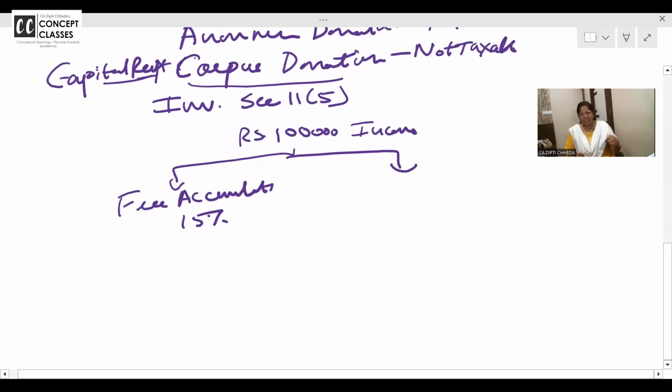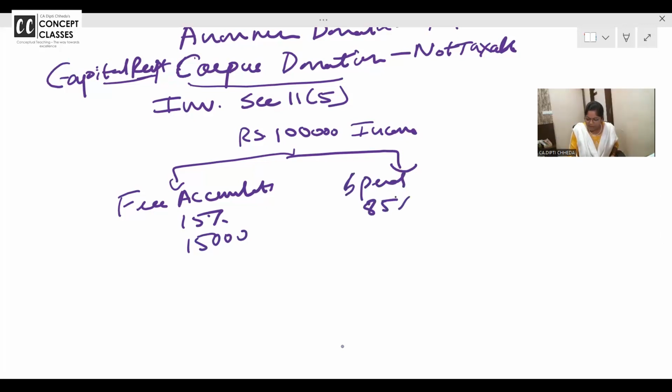Of 1 lakh, that is 15,000, no need to spend, and they need to spend 85% of the donations received.